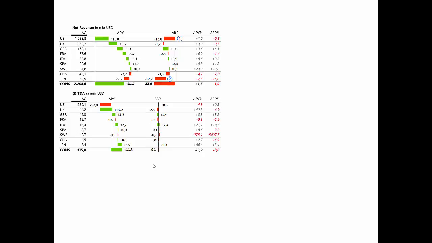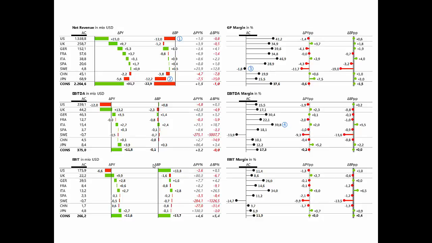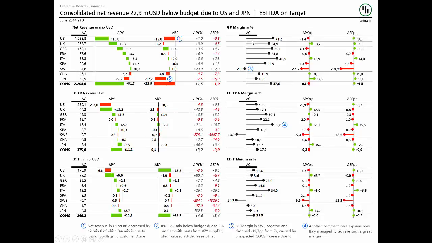You make it small, you add, this was the net revenue, then you add EBITDA, EBIT, or other financial metrics. And then on the right side, you can present the margins with some other charts and so on. And finally, this is how you can get a really high information density report. This is an extreme case, right?